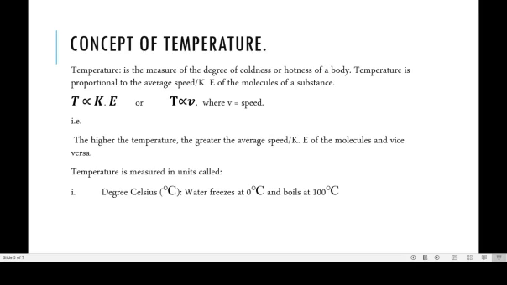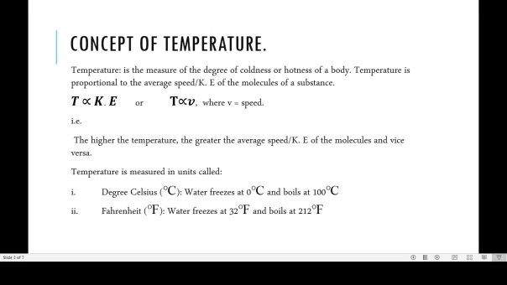Now, for degrees Celsius, we should understand that the freezing point of water is 0 degrees Celsius and the boiling point of water is 100 degrees Celsius. That is for the Celsius scale. For Fahrenheit, the freezing point of water on the Fahrenheit scale is 32 degrees Fahrenheit and the boiling point is 212 degrees Fahrenheit.